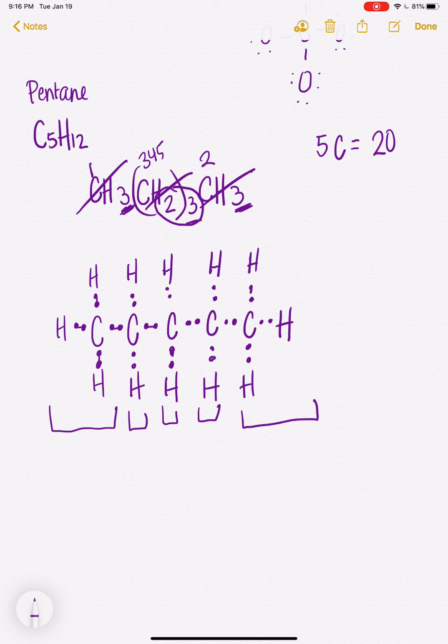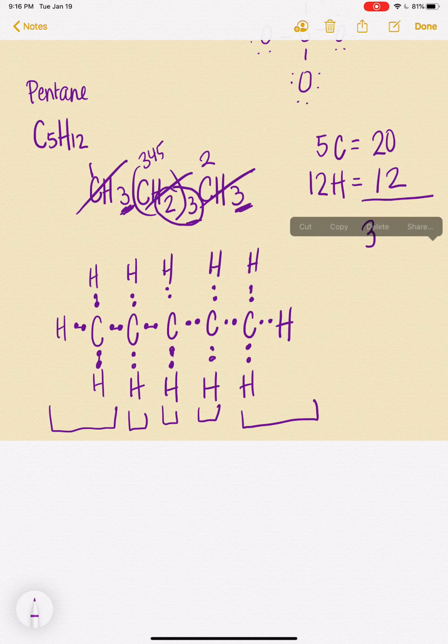So that gives me 3 plus 3 plus 6 is 12 hydrogens, okay? Now each of those has 1 valence electron, so I've got 12 total valence electrons from hydrogen. So total I have 32 valence electrons, okay?